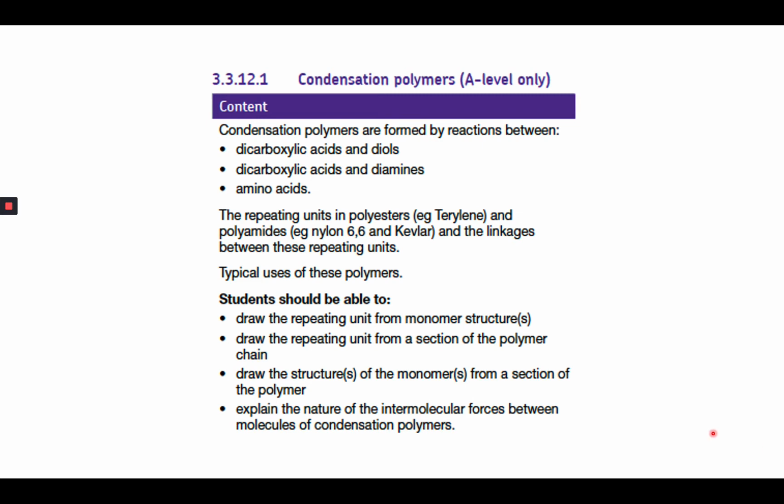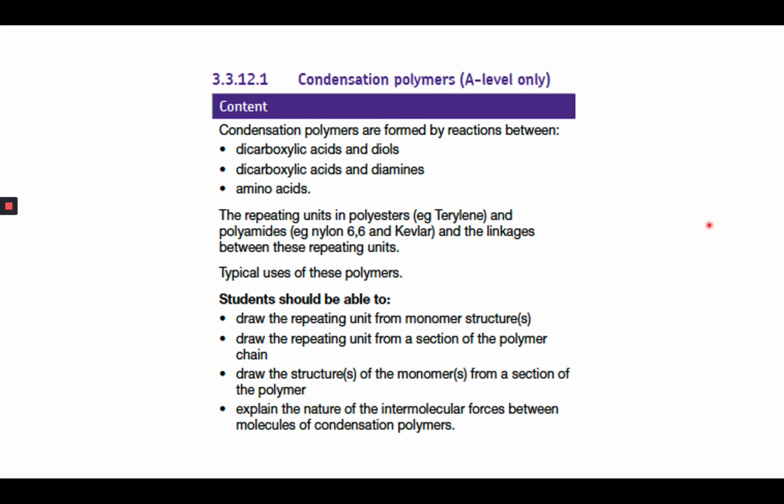And then the third bullet point here, the amino acids, is something brand new to us. We're only going to touch on it because when we come to do amino acids next time, we will be starting from scratch, but we will be thinking back to what we've done here in condensation polymers.